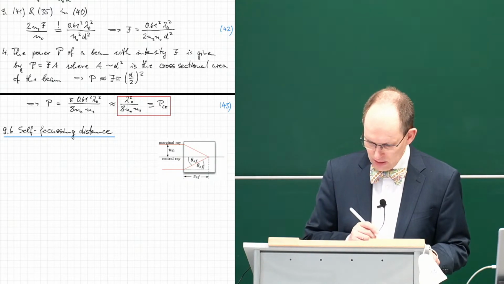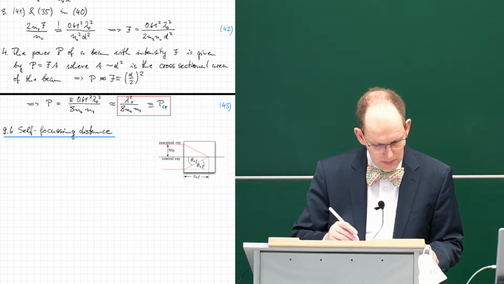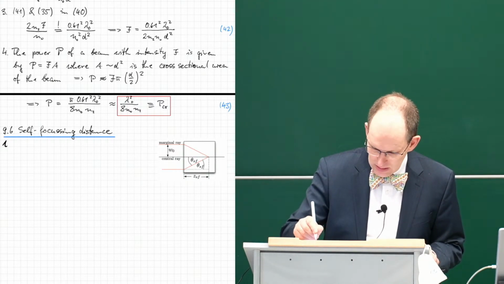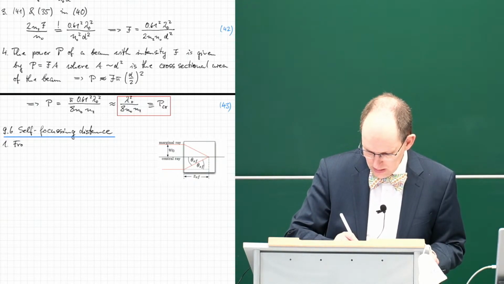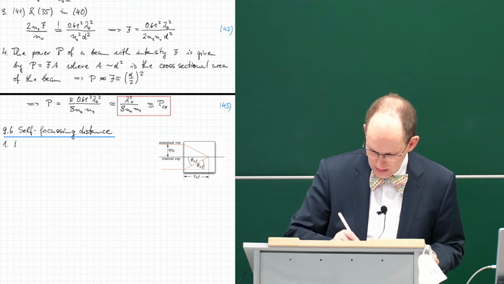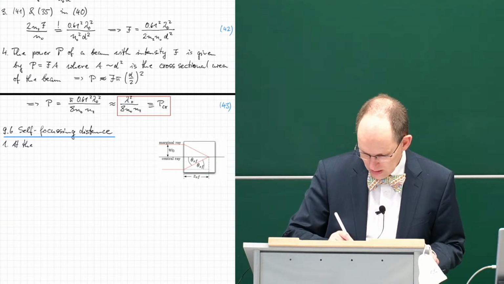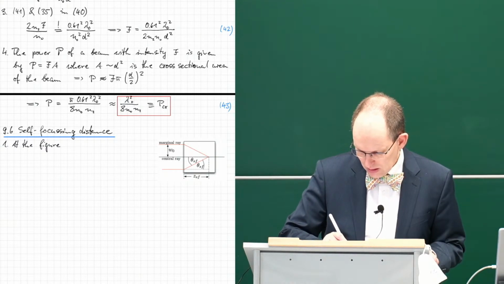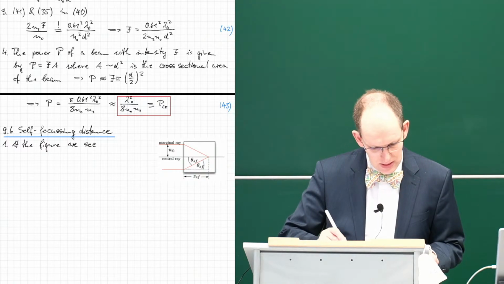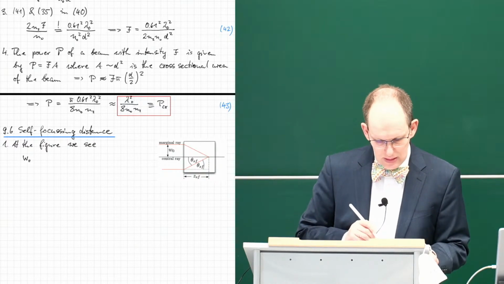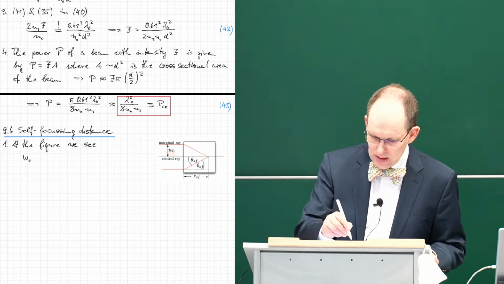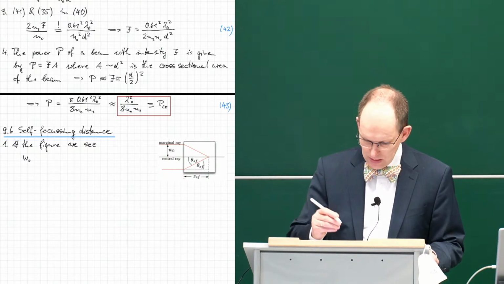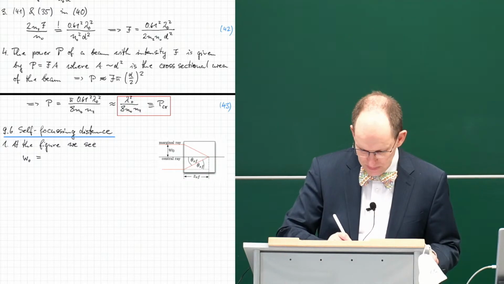So we just need trigonometry. From the figure we see that this waist here, W0, is connected with the self-focusing distance and the self-focusing angle in this way.